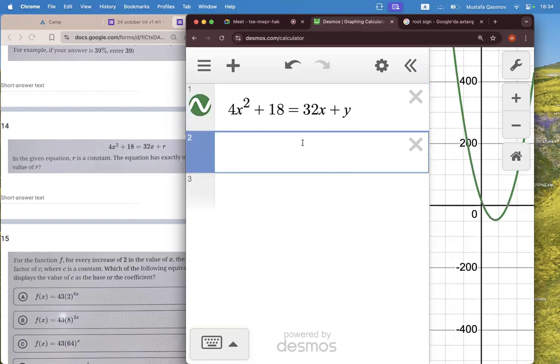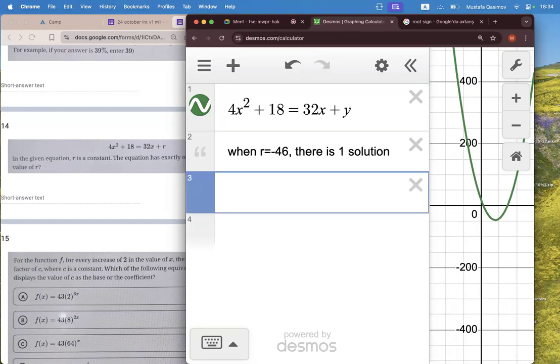So it means that when r is equal to negative 46, there is one solution. So that's why the answer is negative 46.